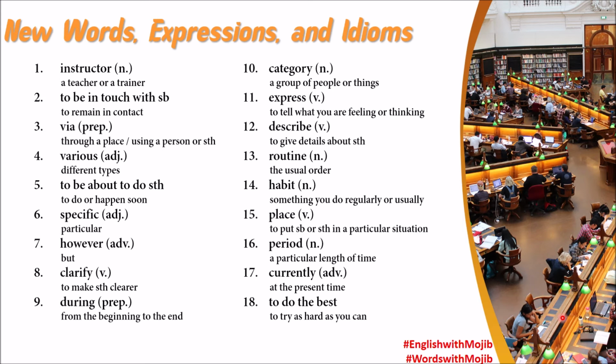Habit, something you do regularly or usually, and sometimes without thinking. Place, to put somebody or something in a particular situation. Place as a verb, be careful. Period, a particular length of time. Currently, at the present time. To do the best, to try as hard as you can.